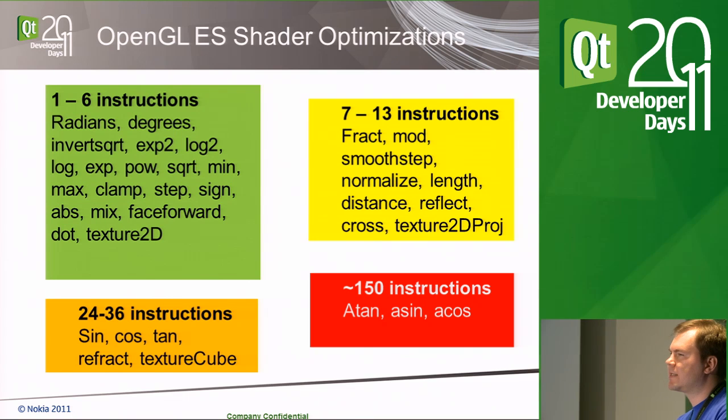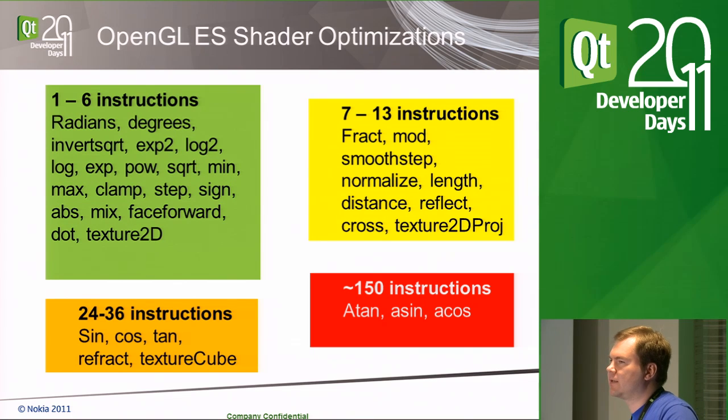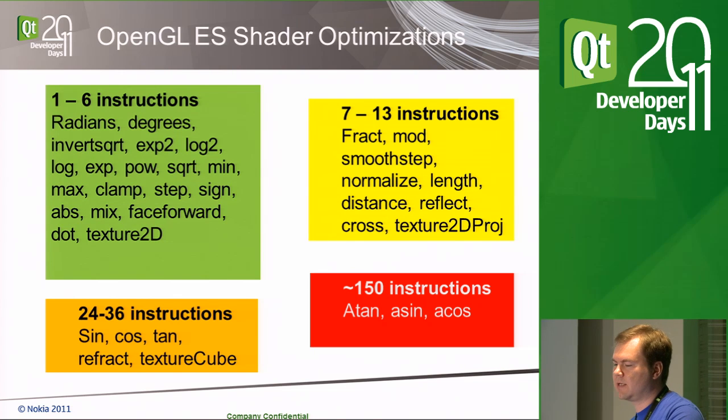Then about the OpenGL shader optimizations for the latest Symbian devices, the N8 and also the Belle devices, as they use similar shader cores. These are the 4 different categories. The first one is marked with green. Those are the fastest OpenGL shading language operations.